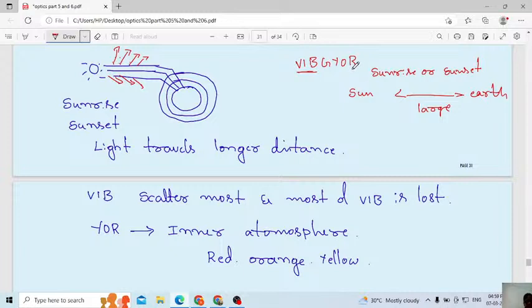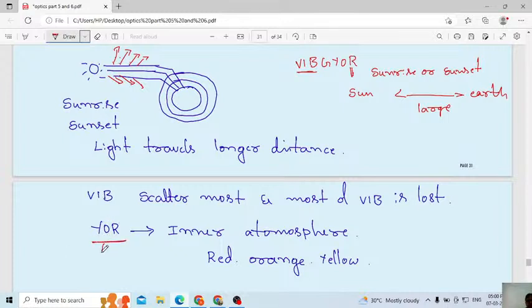At the end you will be left with only the red color. All these remaining rays scatter up to reaching the earth, they get scattered in different directions. Then which one is remaining? Only the red. YOR: yellow, orange, red.